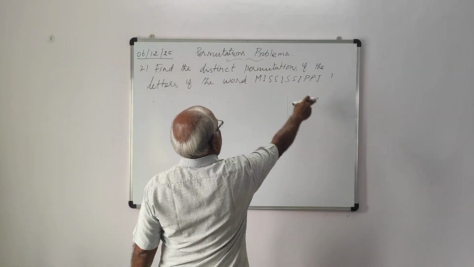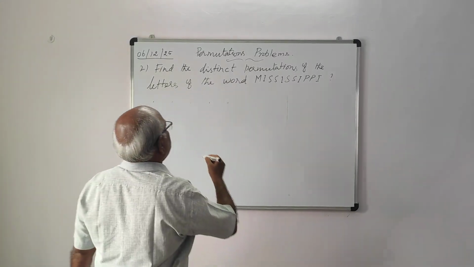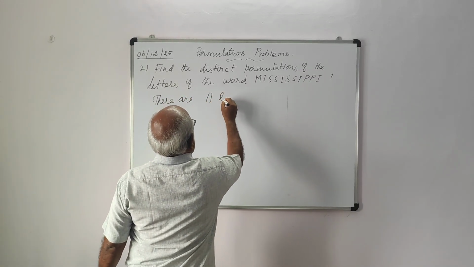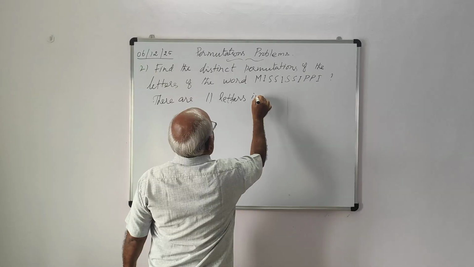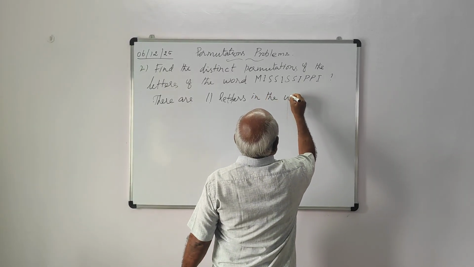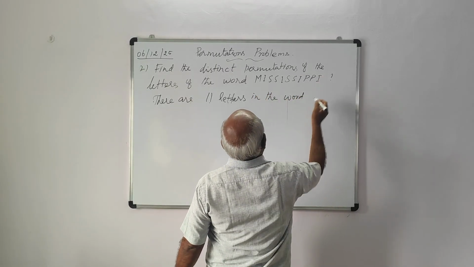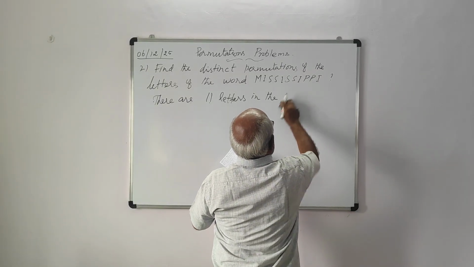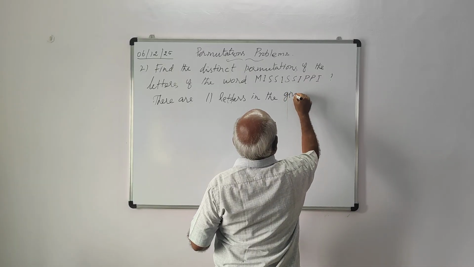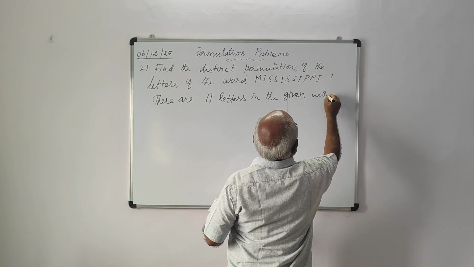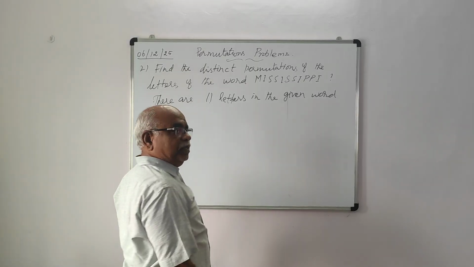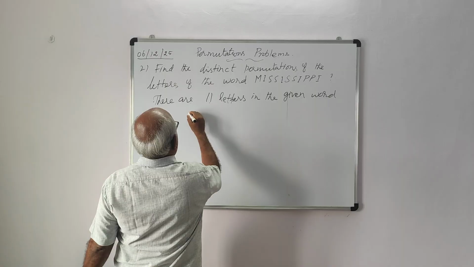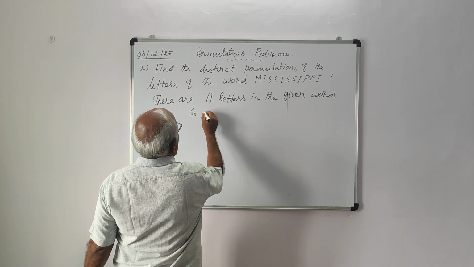In the word Mississippi, there are 11 letters, out of which S's are 4.